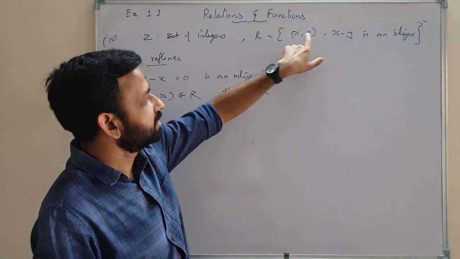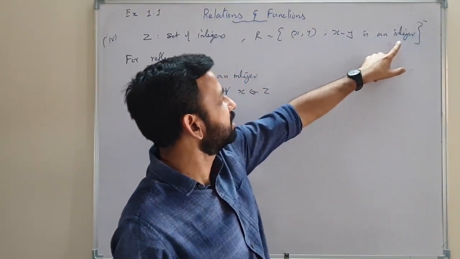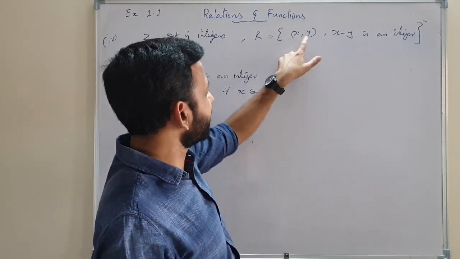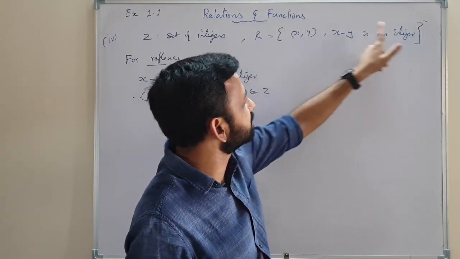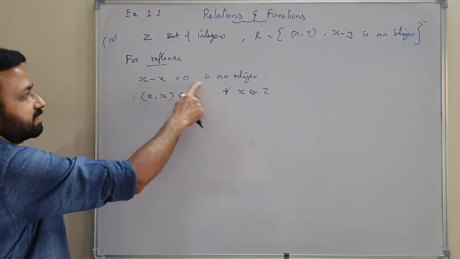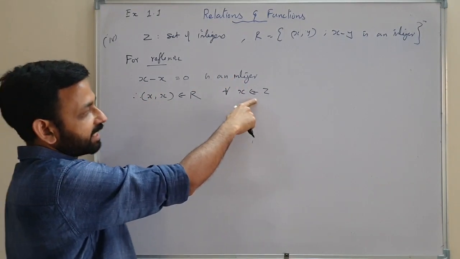That is the condition. If x minus y is an integer, then (x, y) belongs to R. If x minus x is an integer, then (x, x) belongs to R. So here x minus x is an integer, therefore (x, x) belongs to R for every x belongs to Z.